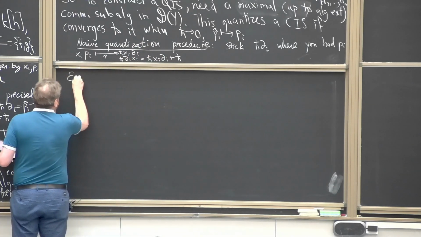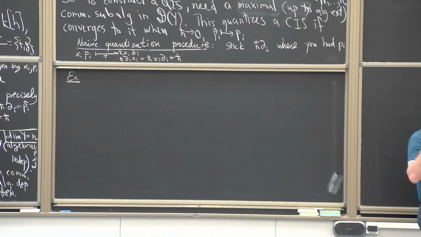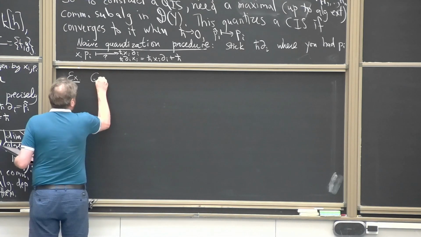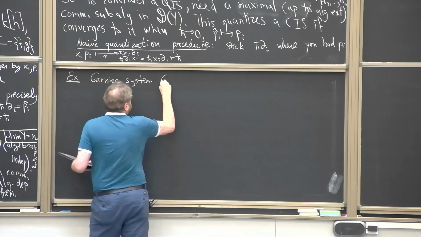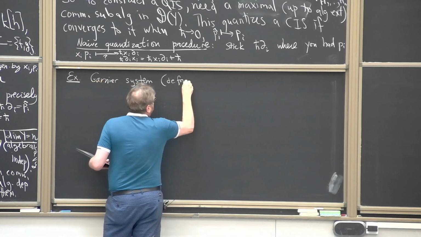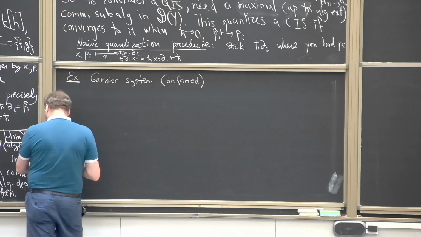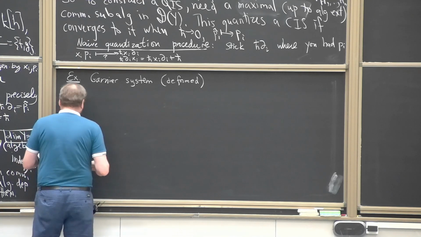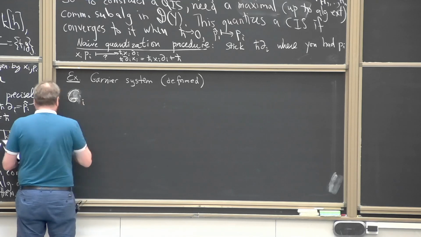It's actually the first example that we considered last time, the Garnier system, which is nice enough that this stupid procedure does produce a quantization. So remember the Garnier system, which was deformed, had the following Hamiltonians, Hi, or maybe Gi, they were called.